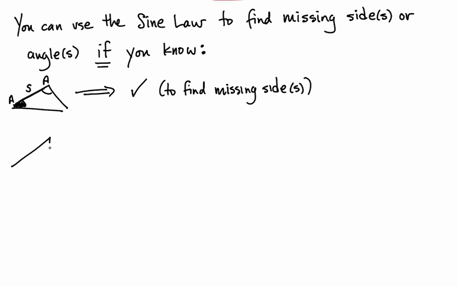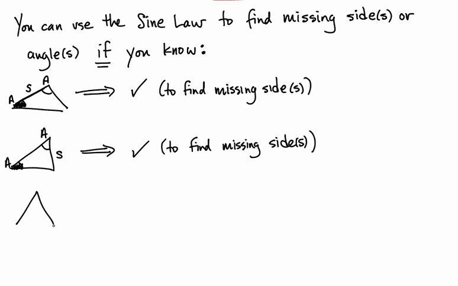If you have a triangle, and you know an angle, and then another angle, and then a side, you can use the Sine Law, and that will also help you find missing sides. And finally, if you have a triangle, and you know a side length, another side length, and then an angle, you can use the Sine Law to find missing angles.